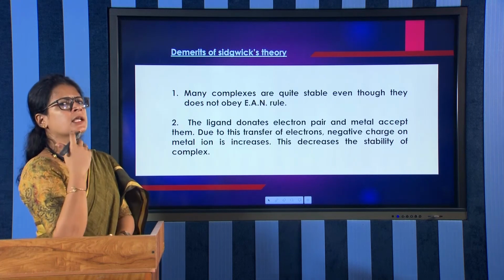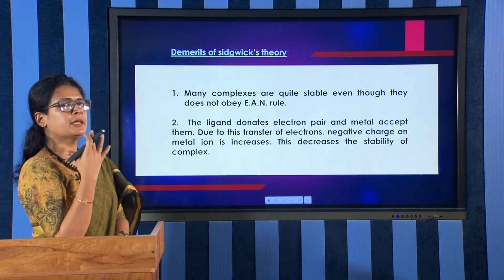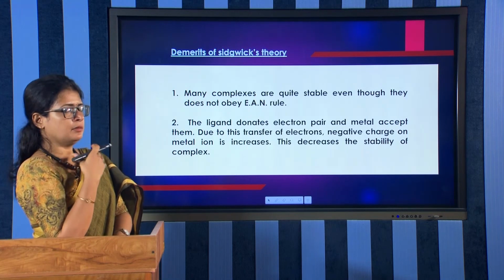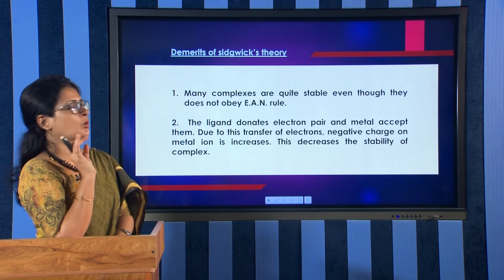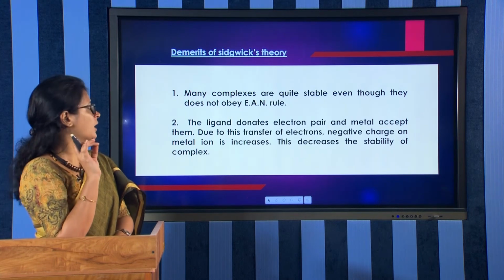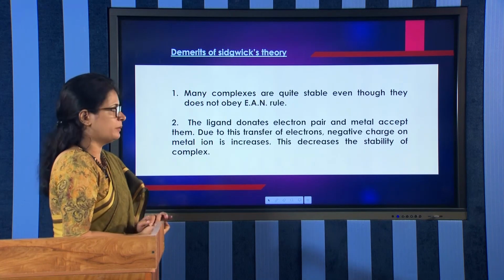This theory also had many demerits. First, many complexes are quite stable, but they do not obey the effective atomic number rule, as you have seen in the examples.